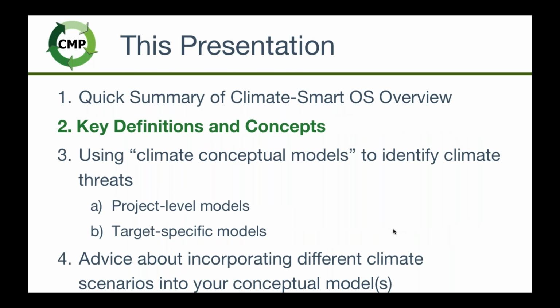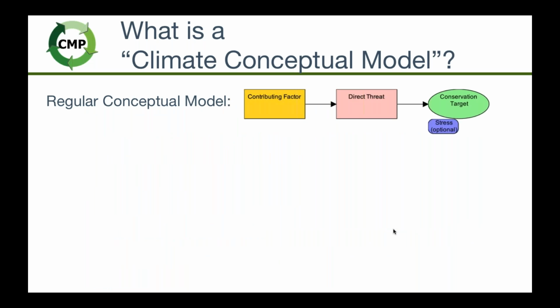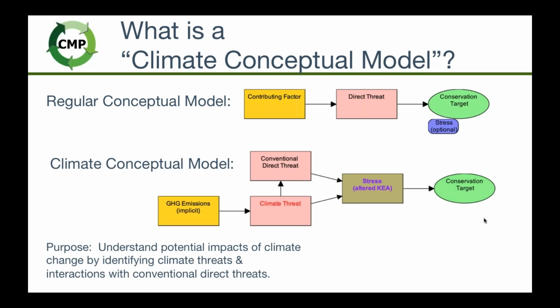Okay, so let's jump into some key definitions and concepts. What is a climate conceptual model? In a regular conceptual model, we have conservation targets, direct threats, contributing factors, and stresses.